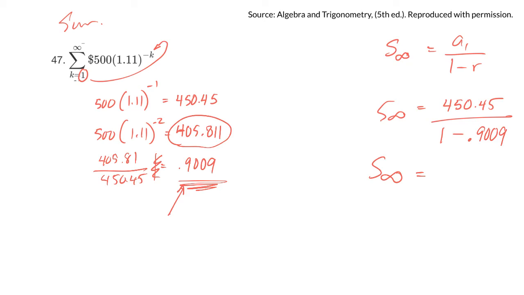So if I do it on my calculator, 450.45 minus in brackets 1 minus 0.909 bracket go, 451.35. No, my calculator did that wrong. 450.45 divided by, I did subtract before, 1 minus 0.9009 bracket.